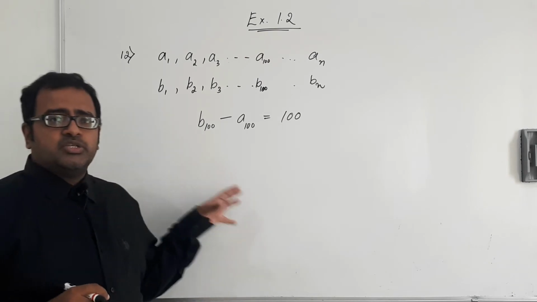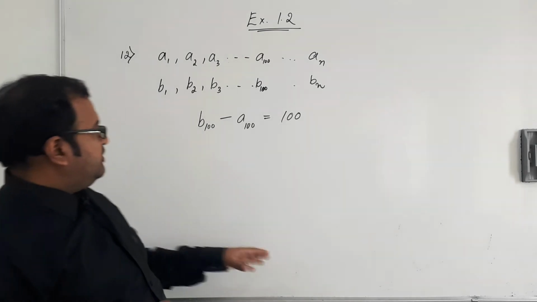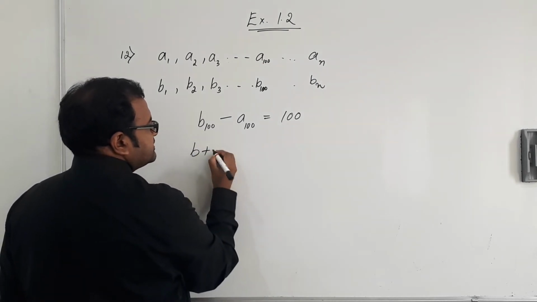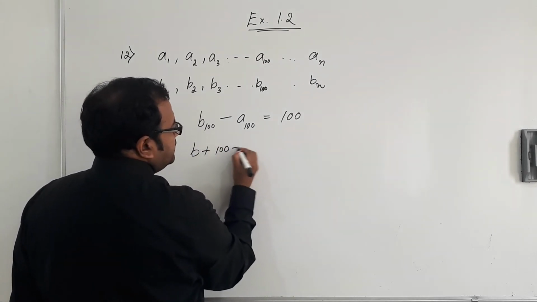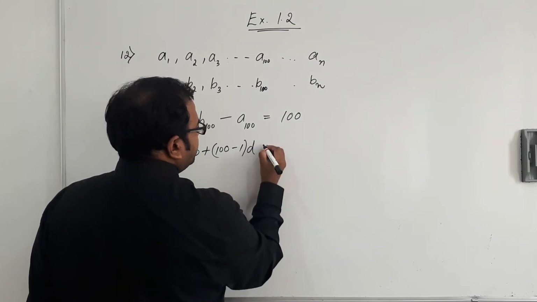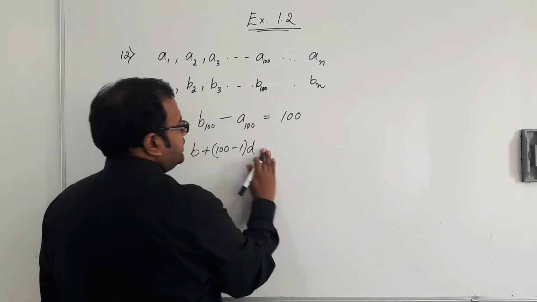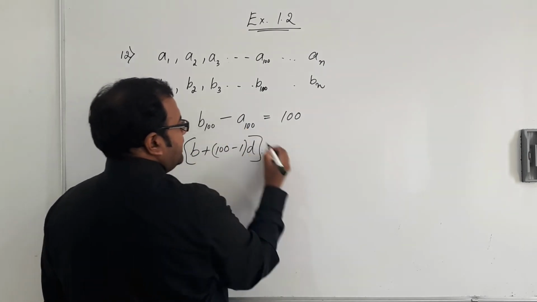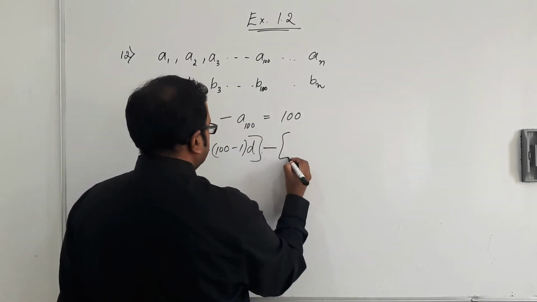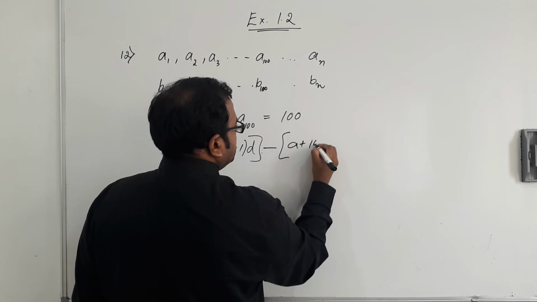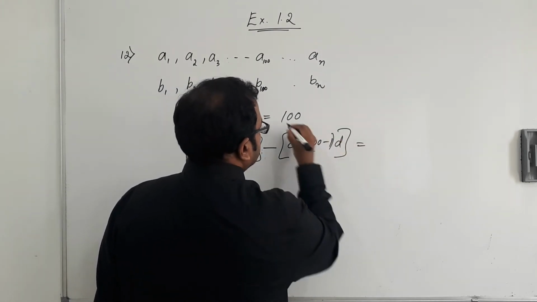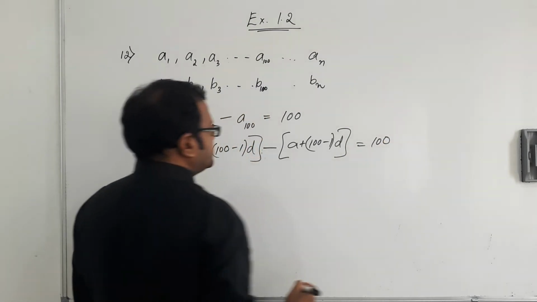Since we understood what B100 and A100 are separately, now we will put the values here. B100, which is B plus 100 minus 1 into d, minus A100, which is A plus 100 minus 1 into d, is equal to 100. This is what is given.